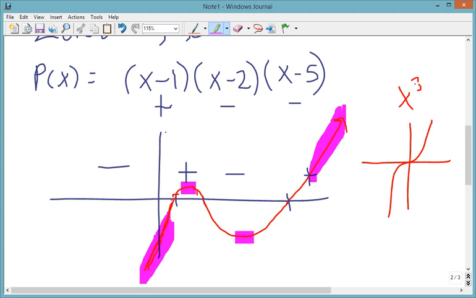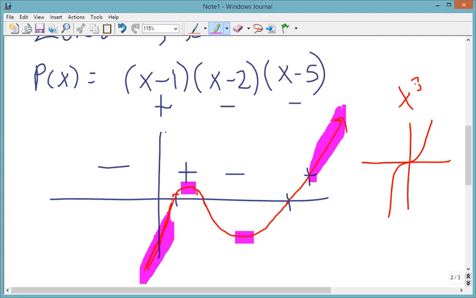We couldn't have 4, because if we had a fourth one, we would have to have a fourth factor, and that would mean it would multiply out to be a 4th degree. So the most we can have are 3 zeros, and those maximums and minimums have to come in between zeros. So the most maximums and minimums we could have are 2. It's always going to be 1 less than the degree.